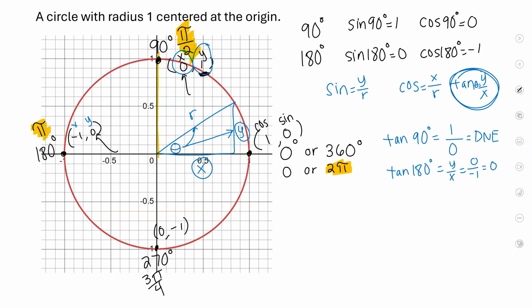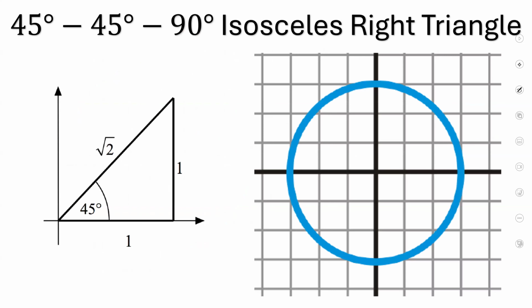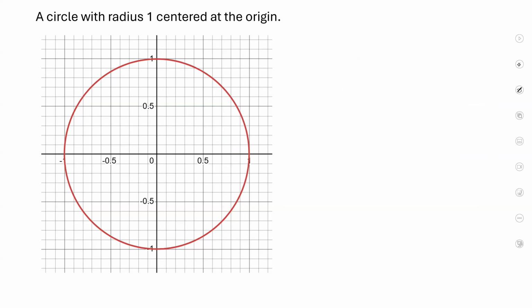All right. I'm going to pause here. I want you guys to give me, let's say I give you an angle. Let's say I give you the angle 765 degrees.